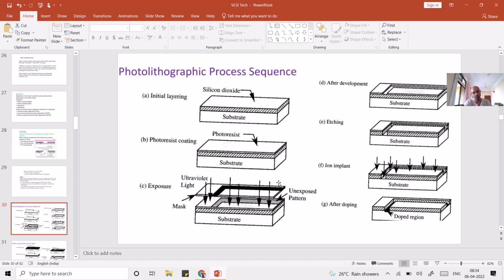Apart from that, the metallization layer, aluminium or copper, is also deposited with the same deposition methods.